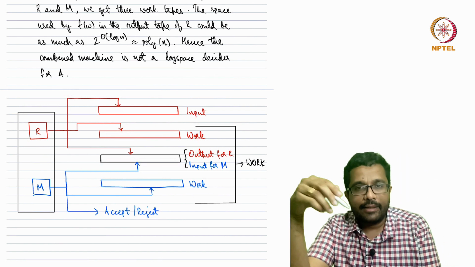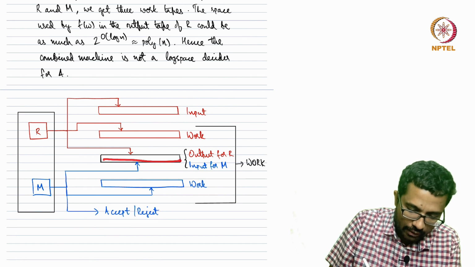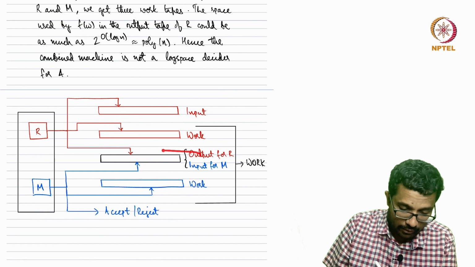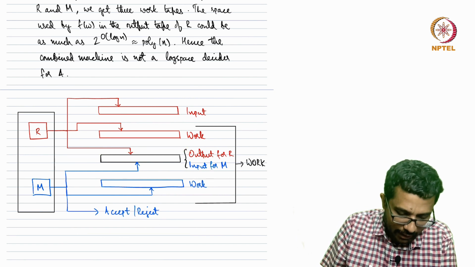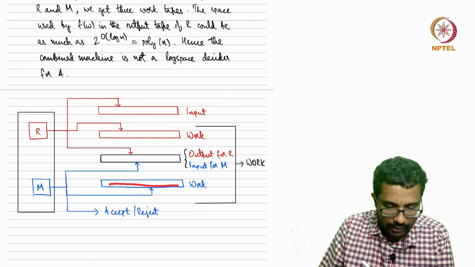Now once having written the output, which is f of w, we run the decider for B, which takes f of w as input, which is read only for it, and you have a separate work tape.